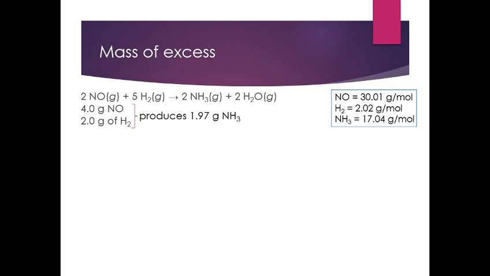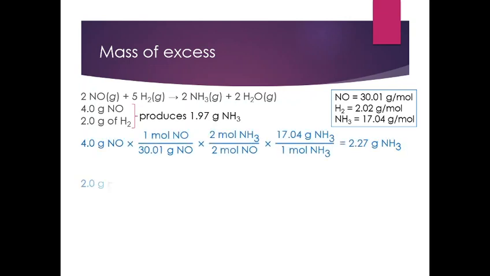Once we're in moles of NH3, I give you the molar mass, and so you go from moles of NH3 to mass of NH3. Then do exactly the same thing with your H2: you go from mass of H2 to moles of H2 to moles of NH3 to grams of NH3. And here's all the math for that.